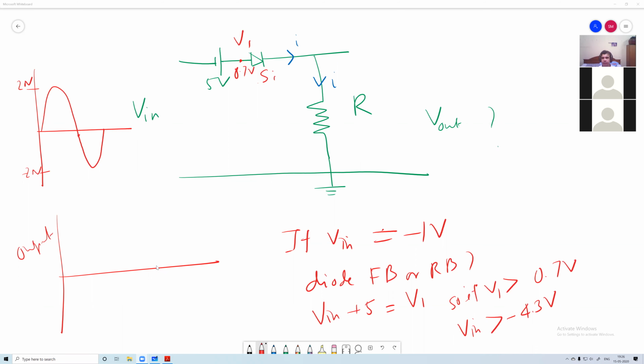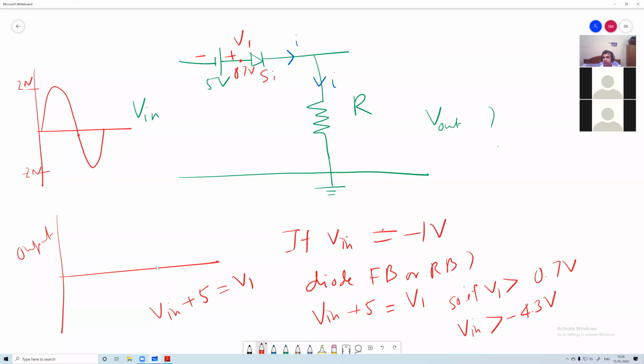See the polarity of the battery. The polarity is like this. So if I apply KVL, then V plus 5, because from negative to positive, is equal to V1.